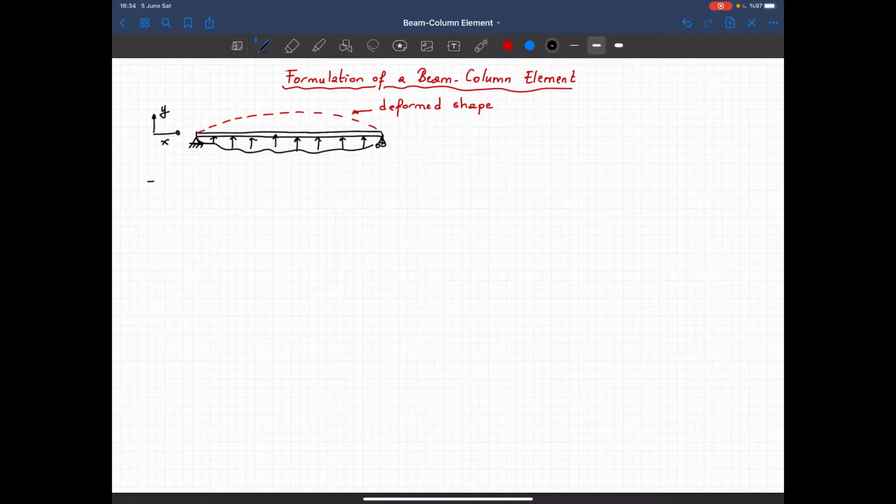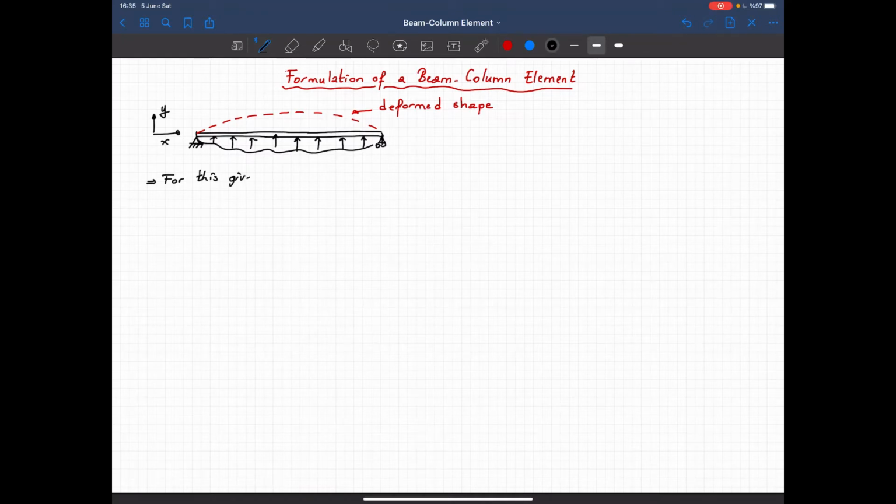Now, for this bending problem, we know that the strain energy is equal to the curvature multiplied by the moment, and you integrate it over the length.